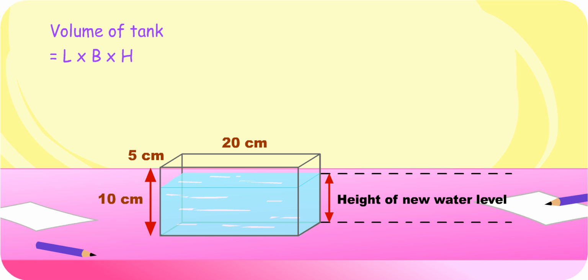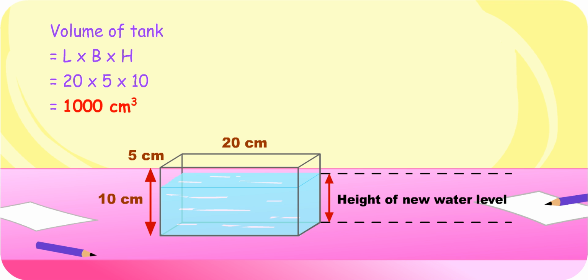The volume of the tank equals length times breadth times height, equals 20 centimeters times 5 centimeters times 10 centimeters, which is equal to 1,000 cubic centimeters.